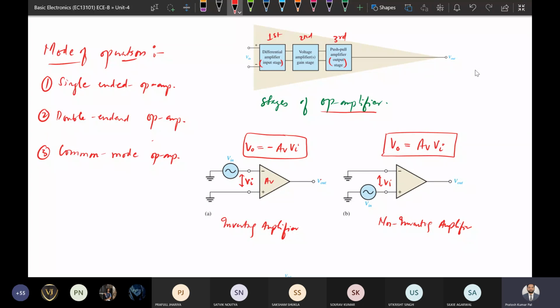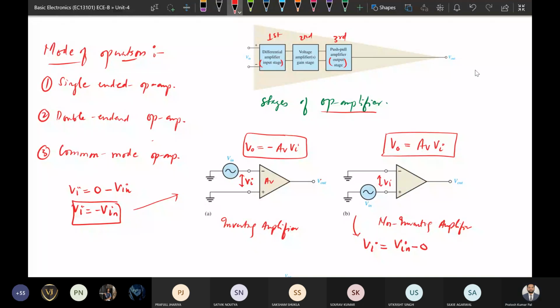In the inverting case, the positive side is connected to 0 and the negative side is connected to V in, so V input equals minus VIN. For the non-inverting case, V input is the positive side voltage, VIN, minus the negative side, which is connected to 0.